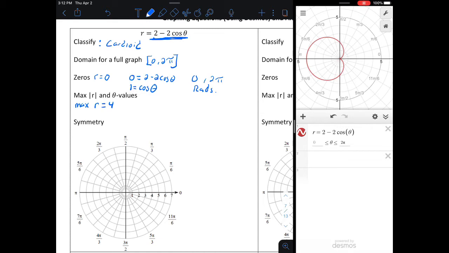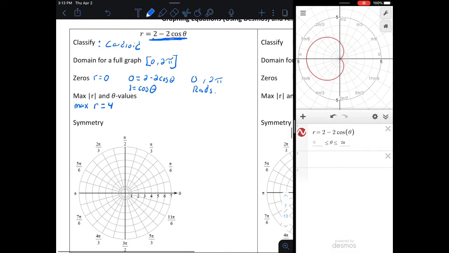The biggest value that cosine can output is a 1, and in fact, I need it to be negative 1, because negative 1 times negative 2, added to 2, makes 4. Once I identify what the maximum r value is, I would set that equal here, 2 minus 2 cosine of theta, and solve for theta, and that's going to be when cosine produces a value of negative 1.